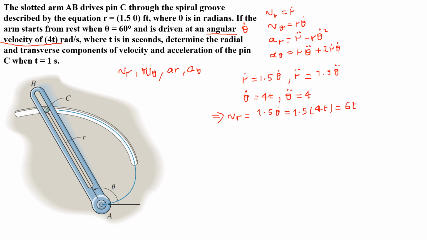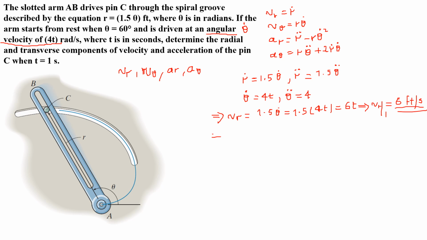The question wants us to find this at time equal to 1 second, so we replace the time. Vr at 1 second is going to be 6 feet per second.